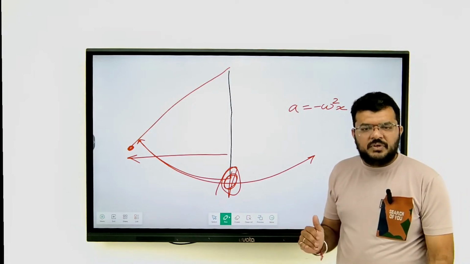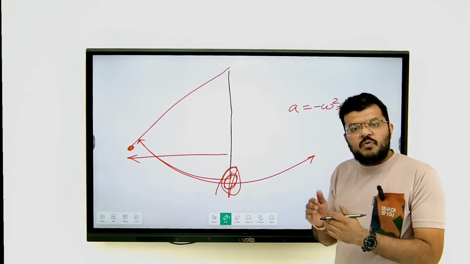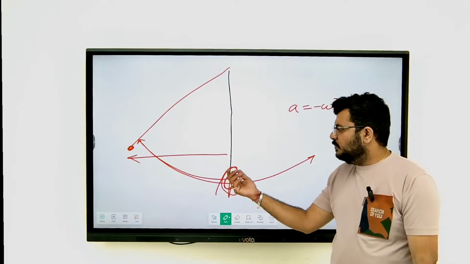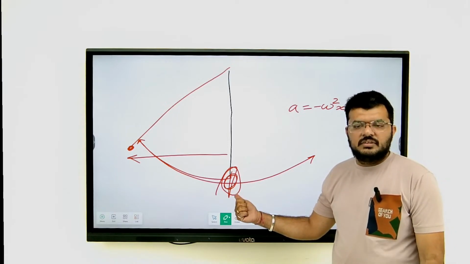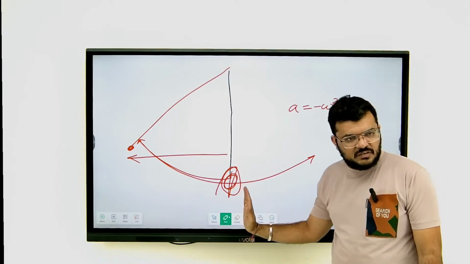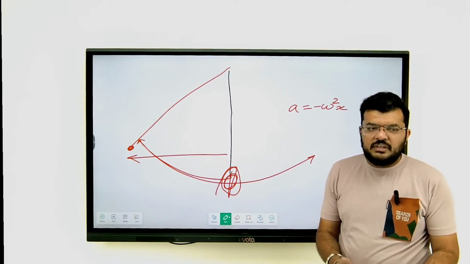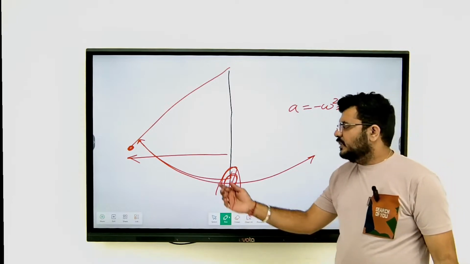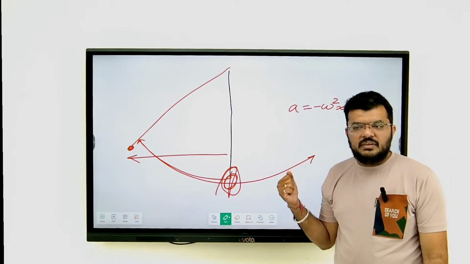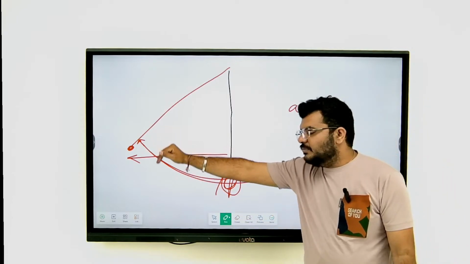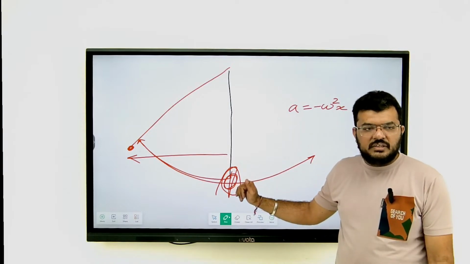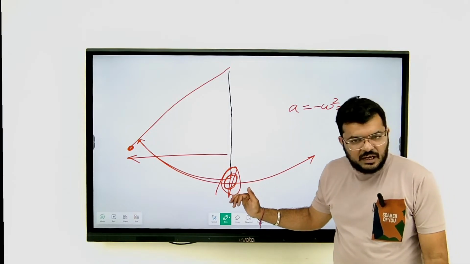So what is happening? There is some force that is absorbing this energy such that when it reaches equilibrium position, all its inertia is removed, its energy is absorbed so that it cannot overshoot. That is critical damping. When you exactly bring it to position, that is critical damping, right?